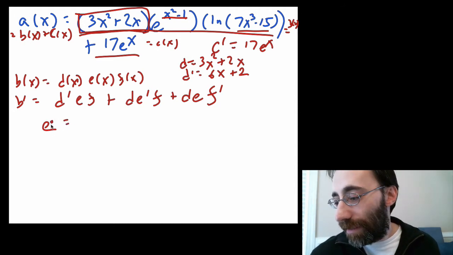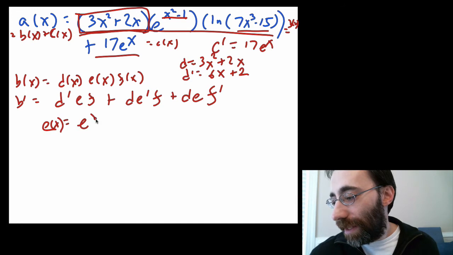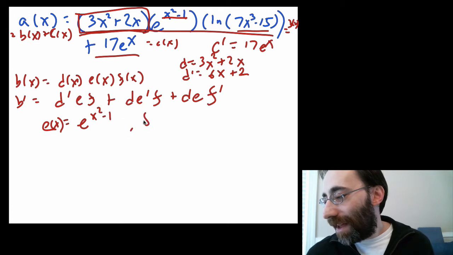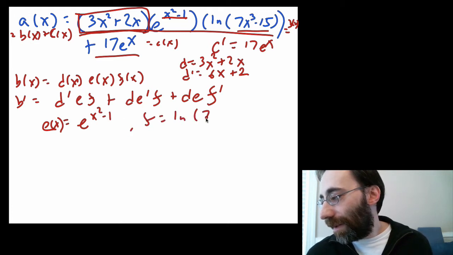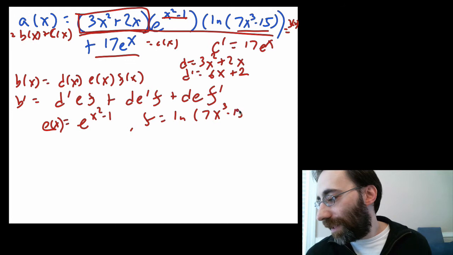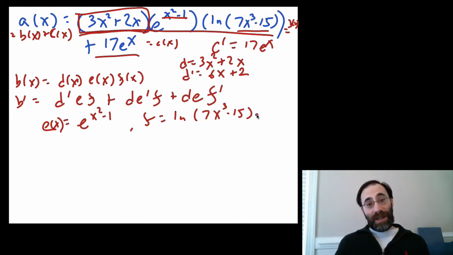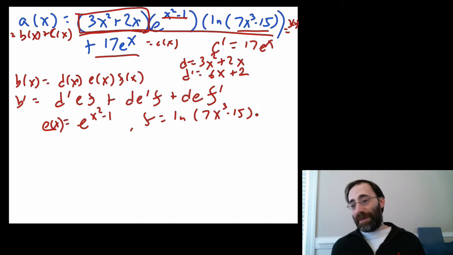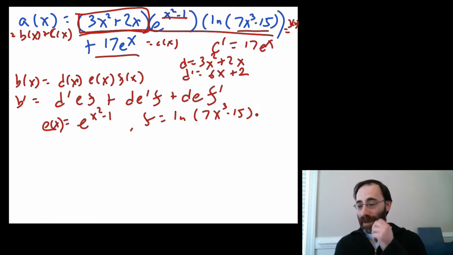e of x is equal to e to the x squared minus 1. There'll be too many e's, but sorry. And f is equal to the log of 7x cubed minus 15. And we still need those derivatives, right? Part of the product rule requires e prime and f prime to get b prime, and b prime is needed for a prime. So we're just breaking it down bit by bit until we get smaller and smaller pieces.